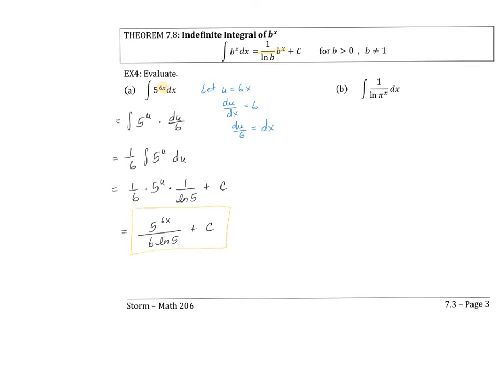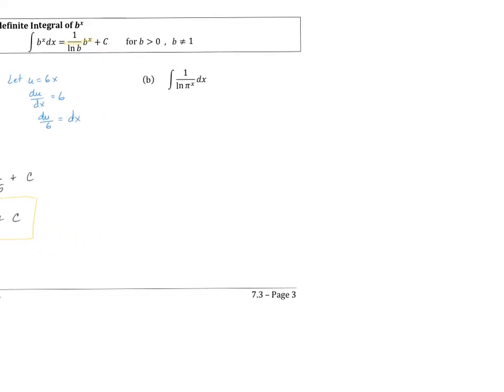All right, so let's look at the second example. The integral of 1 over the natural log of pi to the x power. This is a little bit weird. I don't even know what this means. But notice that because of my log properties, I can take the x in the exponent and bring it out in front to say x times natural log of pi.